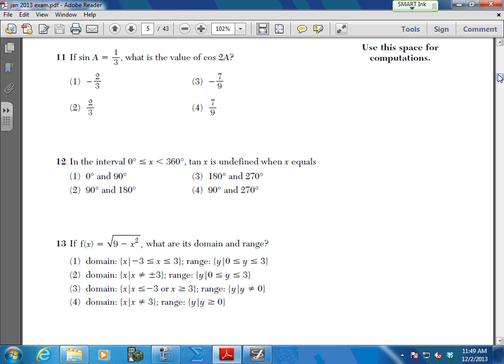Number 11 is a nice problem of trig because they give you the double angle formulas on your formula sheet. And since they gave you the sine of the angle and you want the cosine of 2a, you're going to see 3 formulas for the cosine of a double angle. You want the one that contains the word sine.